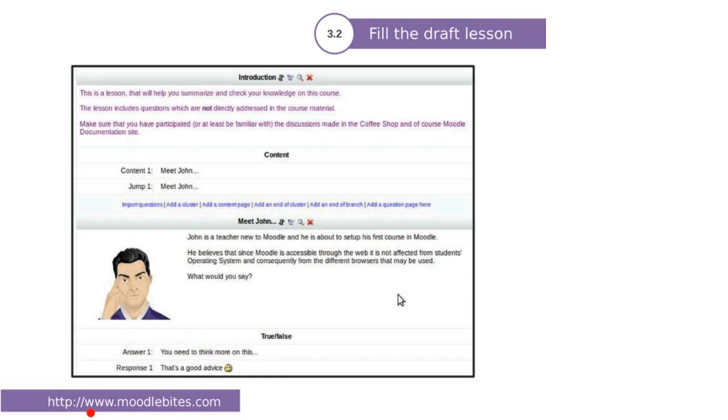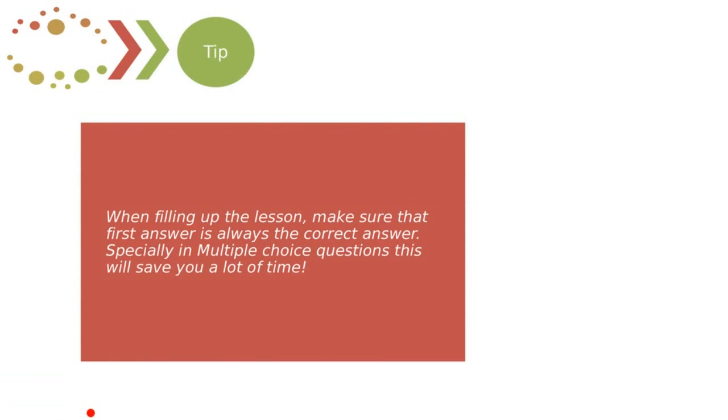Another tip: when filling out the lesson, make sure that the first answer you provide is always the correct answer. This is by default how the lesson is being built. So the first answer is always the correct one from Moodle.